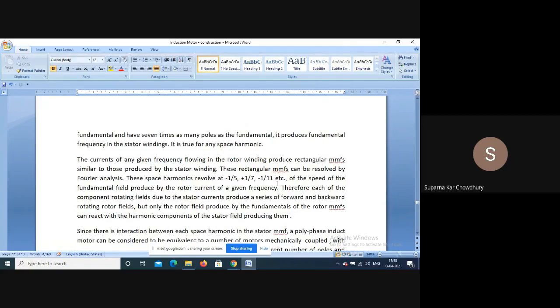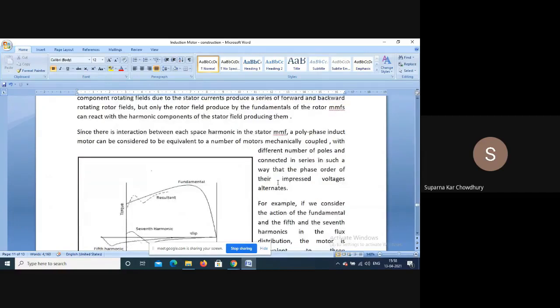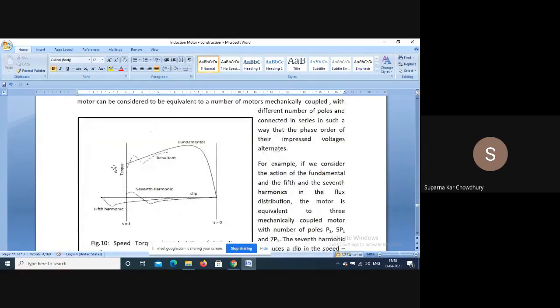It produces fundamental frequency in the stator winding. So basically this is the normal characteristic for the fundamental frequency. Then for the seventh harmonic, the characteristic will be like this, corresponding to this number of poles, the same form, only the values are different.